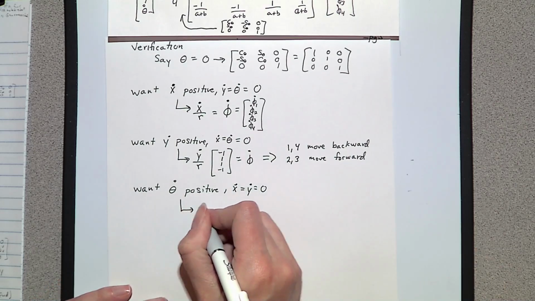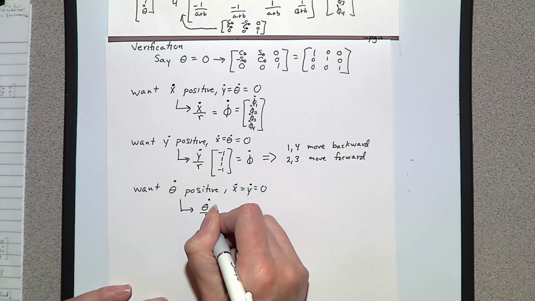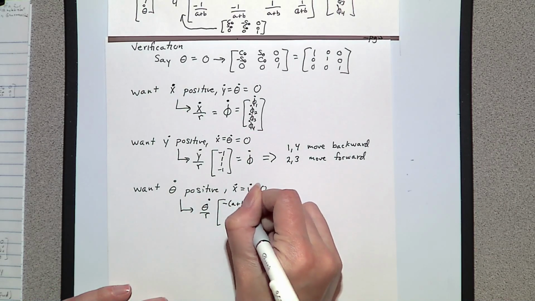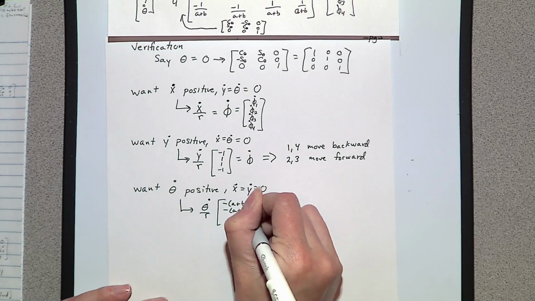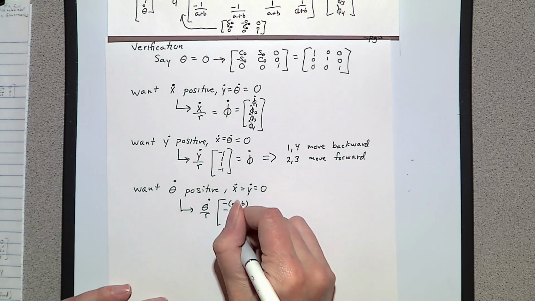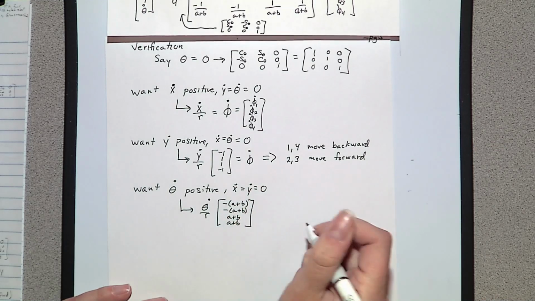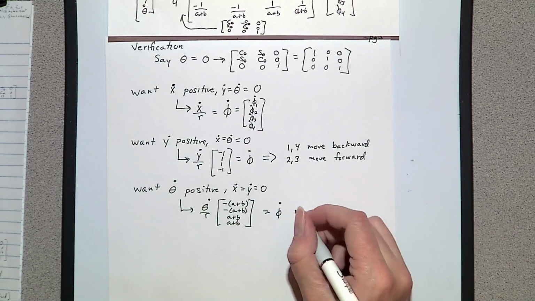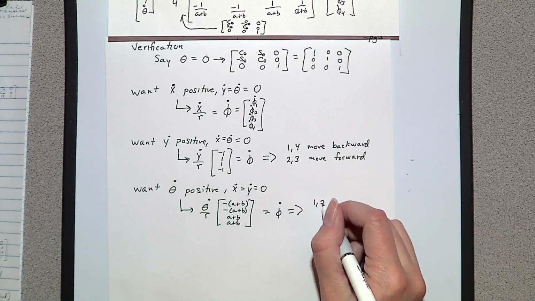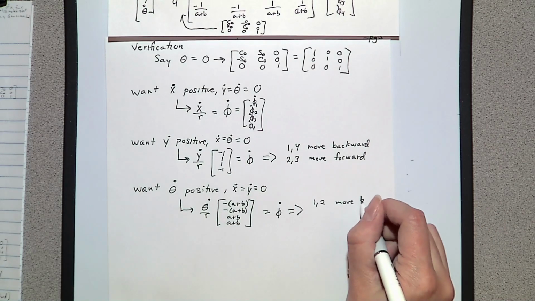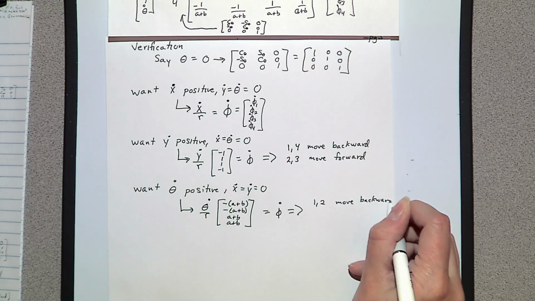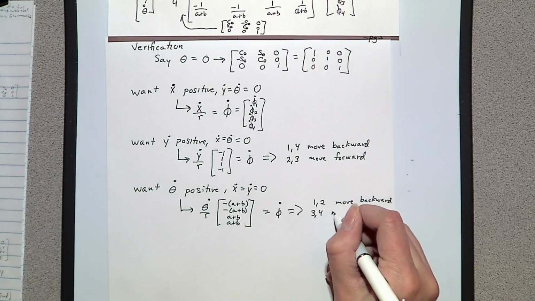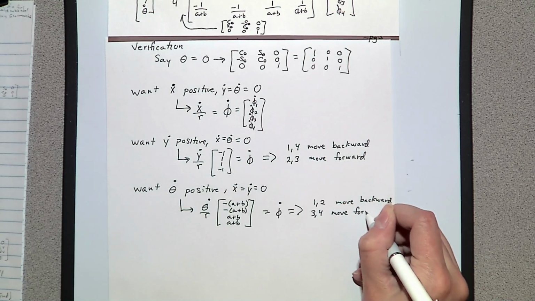Then what we have is theta dot over r times minus a plus b, minus a plus b, a plus b, a plus b equals phi dot. So that means 1 and 2, we'd apply a backward velocity to, and 3 and 4 would move forward.